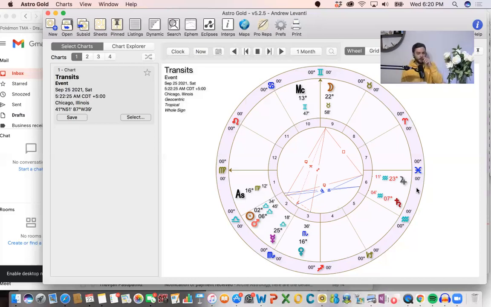Now these are hard aspects, right? So we definitely want to take into account that this translation is happening in a T-square. It's like Venus squaring Jupiter and the moon squaring Jupiter and the moon opposing Venus. So there's definitely some level of discomfort with the situation, but they're still benefics.